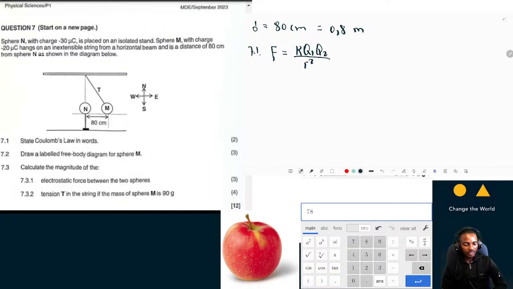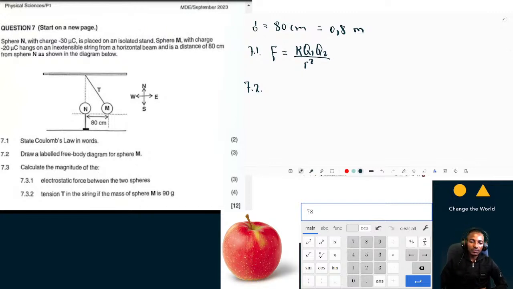So in words, this simply means that the electrostatic force between two charges is directly proportional to the magnitude of the product of the charges and inversely proportional to the square of the separation distance between the two charges. So that's Coulomb's law.